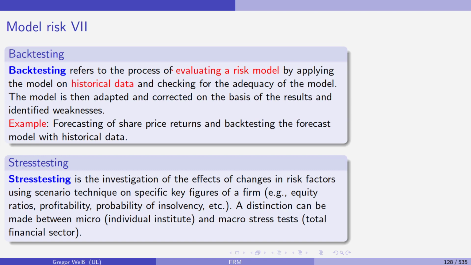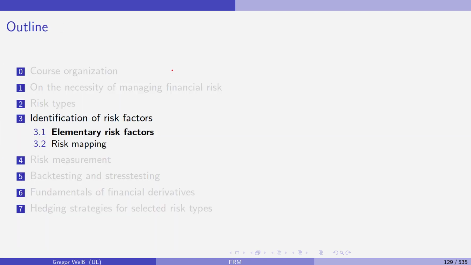And we can make a distinction between micro and macro stress tests. Micro stress tests are concerned with an individual institution. Macro stress tests are done by, for example, the European Central Bank to check the stability of the whole financial system in the European Union.